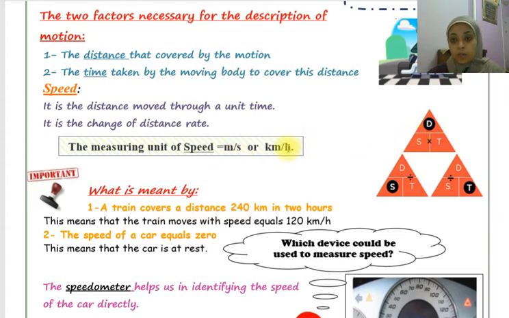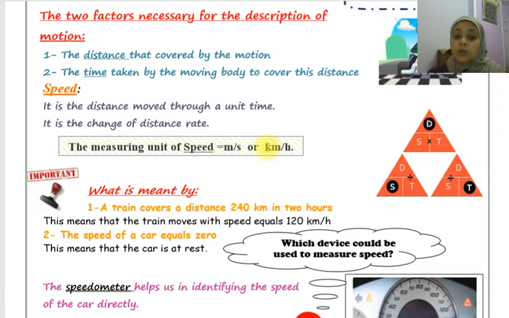One more time, the distance unit is meter or kilometer, and the unit for the time is second or hour. So when we measure the speed using the distance in meters, we have to use the second as the unit for the time. So the time unit is second when the unit of the distance is meter.